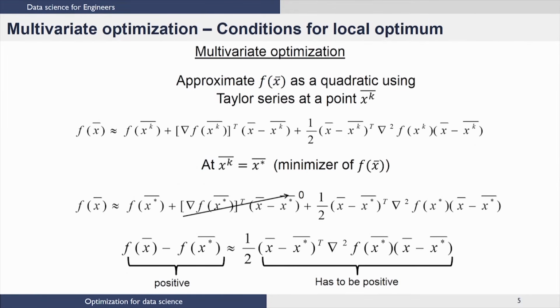So, much like what we did in the univariate case, we are going to do a Taylor series approximation, and what I have done here is I have just written it till 2 terms. There are more terms here, but we are going to make the argument that if you make the distance between the point that you are at and the next point that you are going to choose very small, then whatever is the leading term in the sum is going to decide the sign of the whole sum.